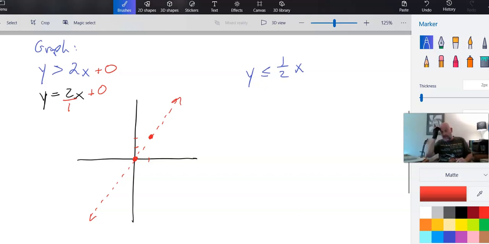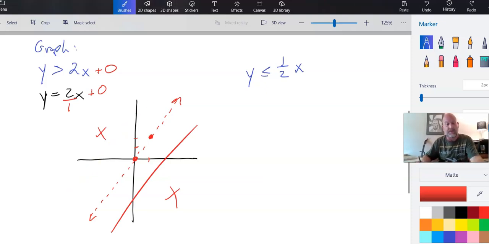So I have this to start with. Now what we have to do is figure out which side to color. Here we ran into a little problem. 0, 0 is right on the line. You can't use a point that's on the line as a test point. The line itself is excluded. You need something that's either on this side of the line or on this side of the line, one of the two.